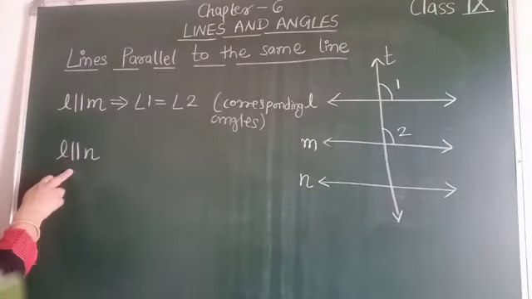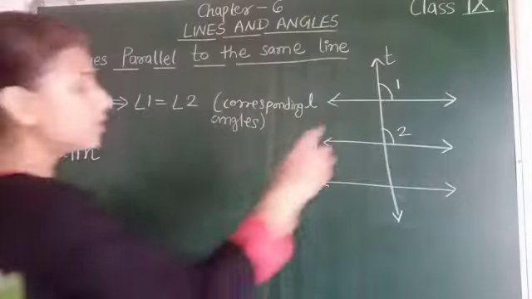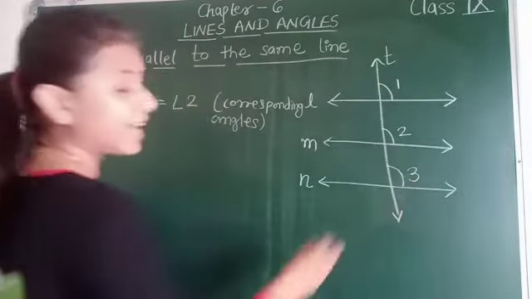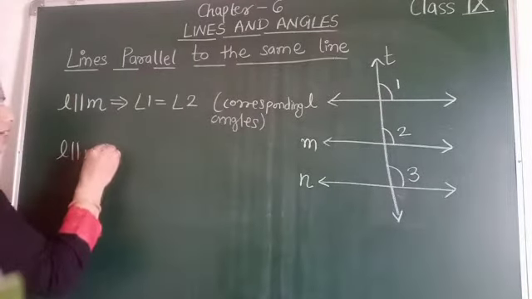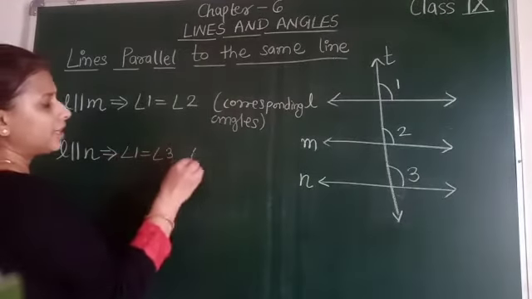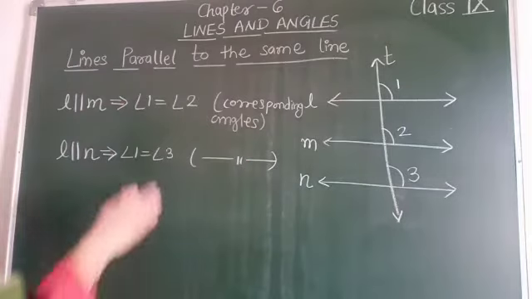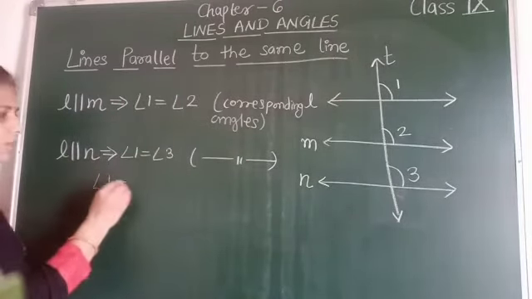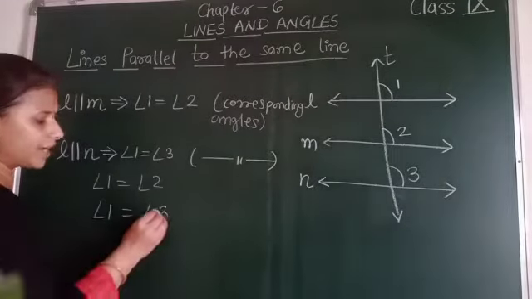Similarly, since line L is parallel to line N, angle 1 will equal angle 3, because they are also corresponding angles. So angle 1 is equal to angle 2, and angle 1 is also equal to angle 3.